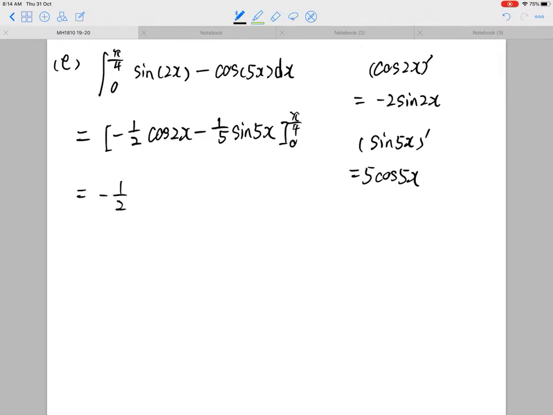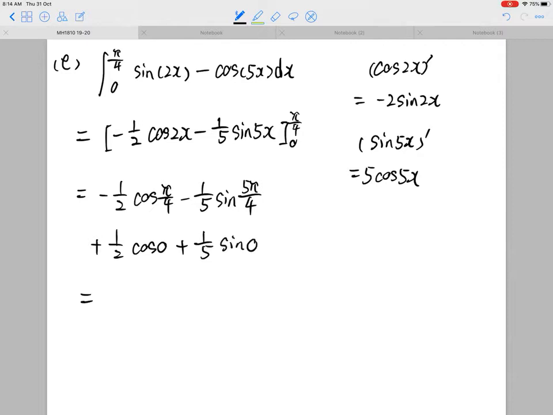So it's negative half cosine half pi minus sine 5 pi over 4, plus half cosine 0 plus 1 over 5 sine 0. So this part is 1, and this part is negative half square root of 2 over 2, minus 1 over 5.